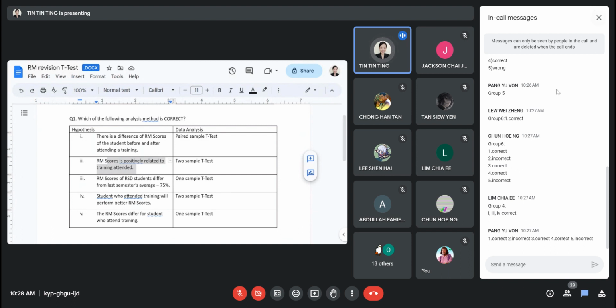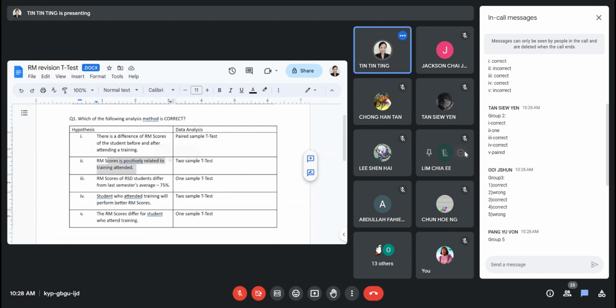Which data analysis method can we use to test this? One sample did not tell us positively related or negatively related, right?